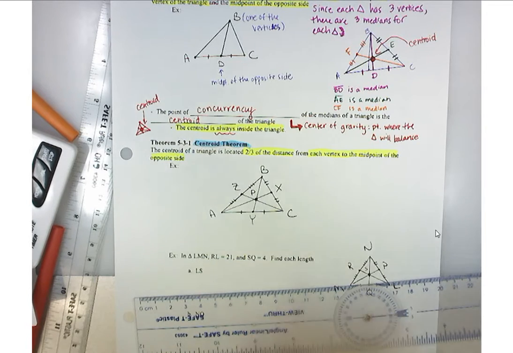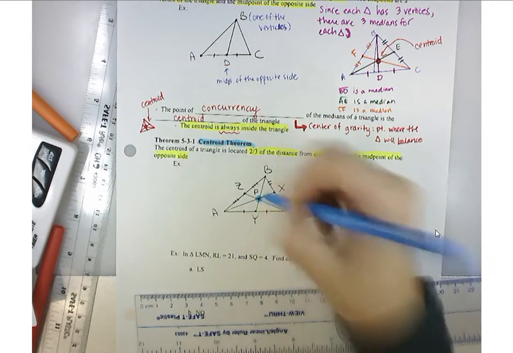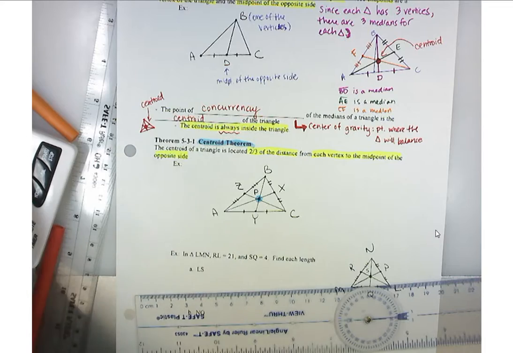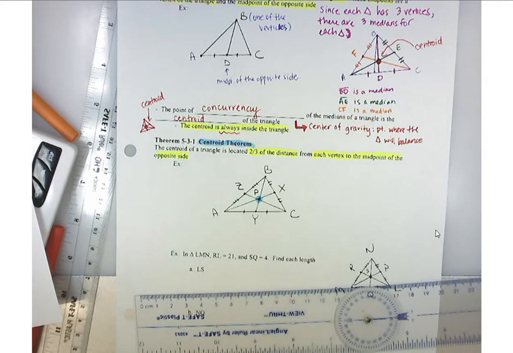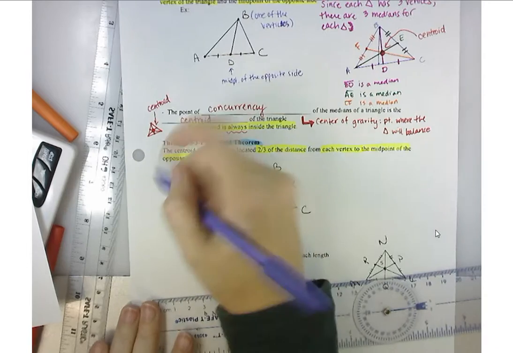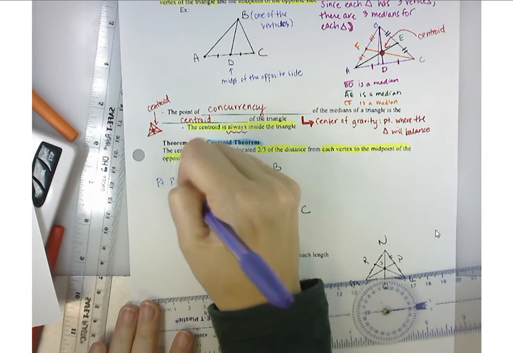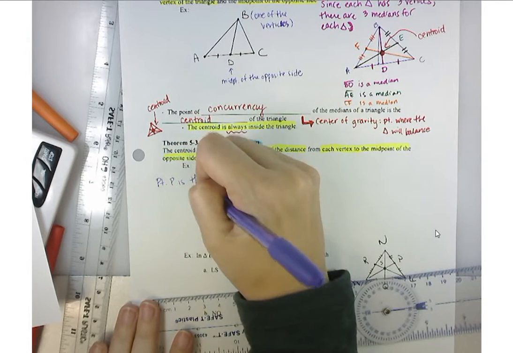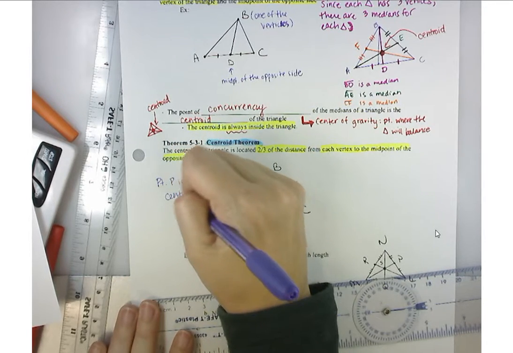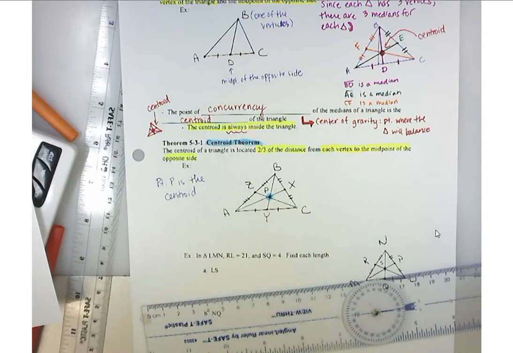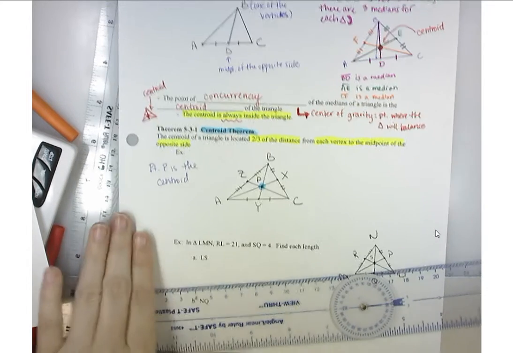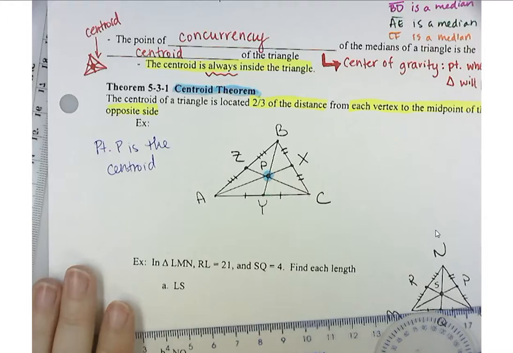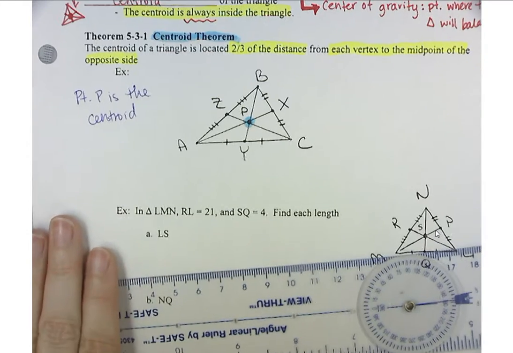Okay, so in this diagram, P is going to be our centroid. And I'm going to give you the first equation. I'm going to see if you guys can come up with the other one.